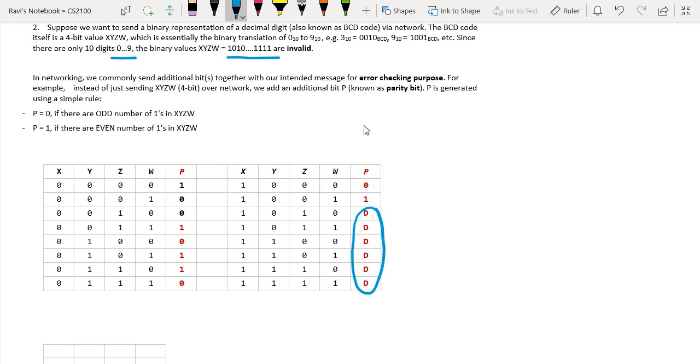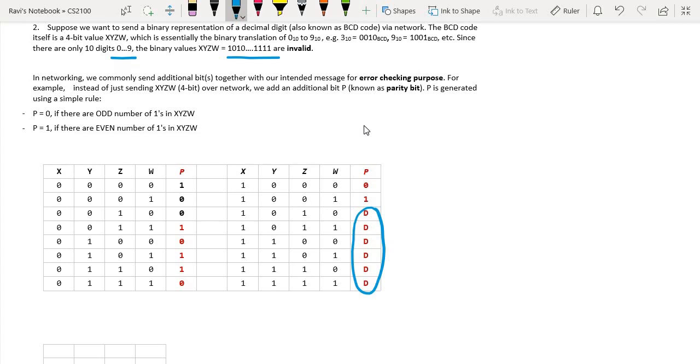And so in this question, we're going to see how we can make use of these don't care conditions. We are given this 4-bit BCD input, and the output is P, which is a parity bit. What is a parity bit? A parity bit is an additional bit that is added for error checking purposes. This parity can be odd or even parity depending on how we want to implement it.